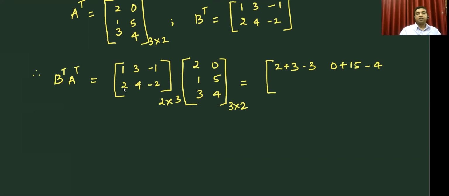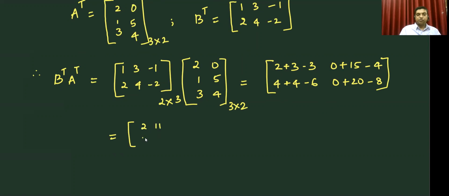Then next, second row, first column: 2 into 2, 4, 4 into 1, 4, minus 2 into 3, minus 6. And then second row, second column: 0, 5 into 4, 20, minus 8. So 2, 11, 2, 12.